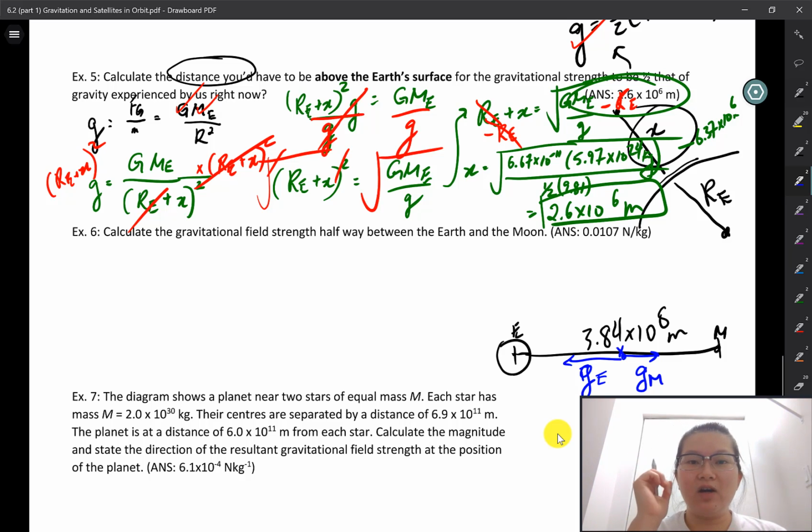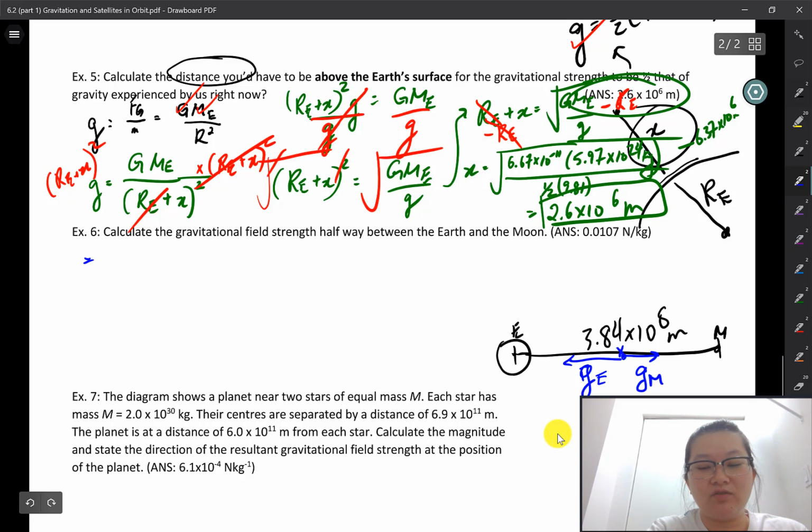So to find the resultant vector of the two, we have to add the two vectors up. Now, you might notice that the gravitational field strength directed at the Earth is going to be stronger than the gravitational field of the Moon. So I'm going to get the resultant gravitational field strength with g_E minus g_M, okay?